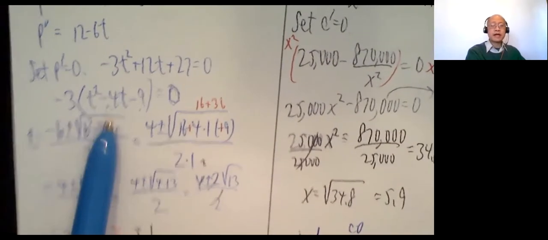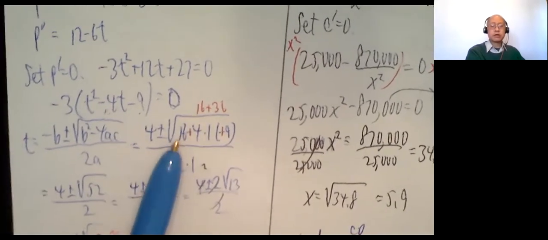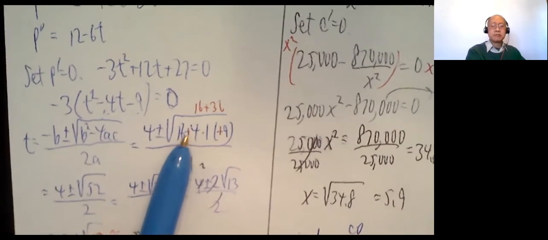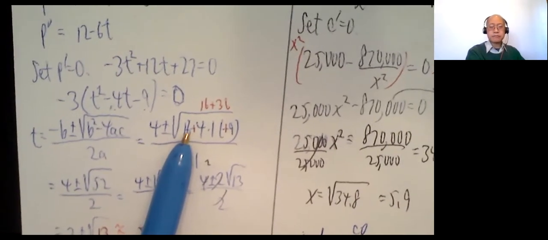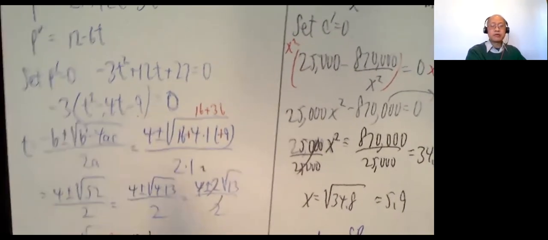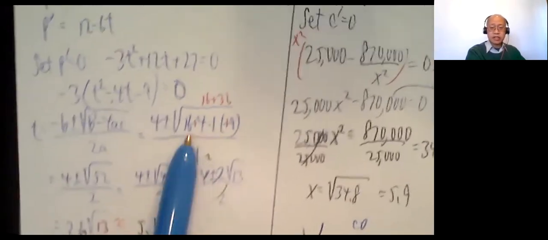All right, so negative negative 4 is 4, plus or minus the square root of B squared, negative 4 squared is 16, minus, temporarily pretend it's a minus, 4 times A, which is 1, times C, which is negative 9. So I have a double negative here, so I change that to a plus, right?